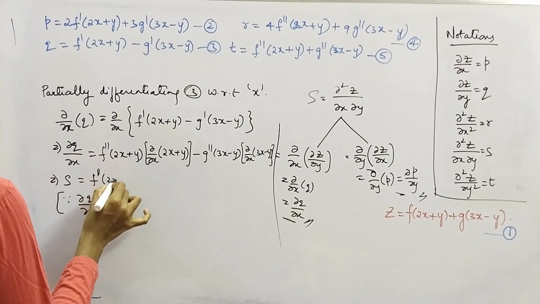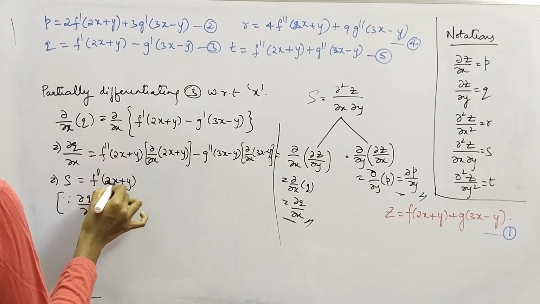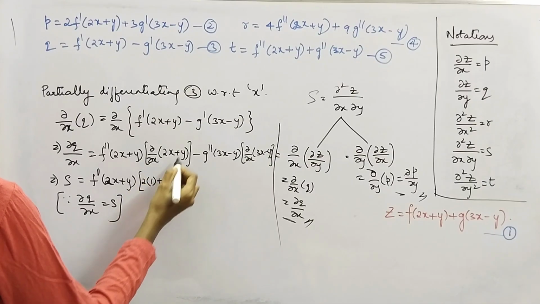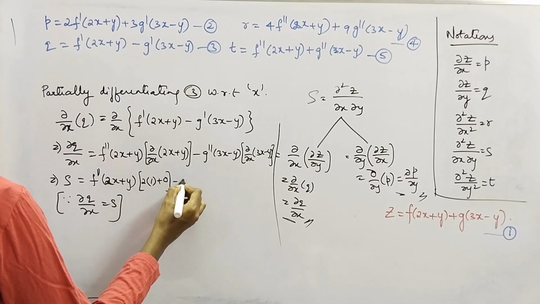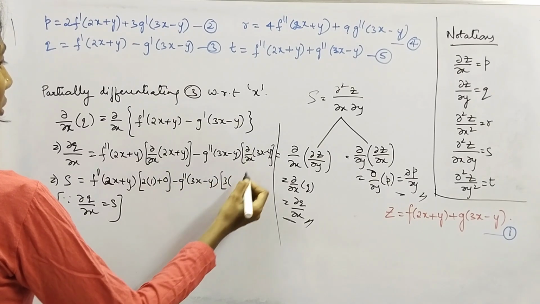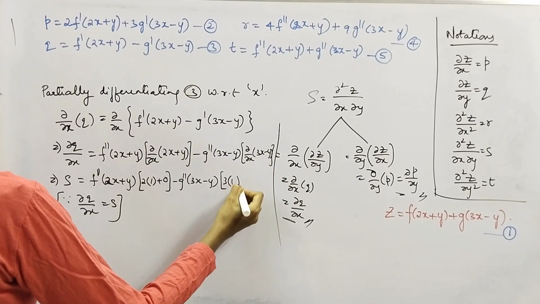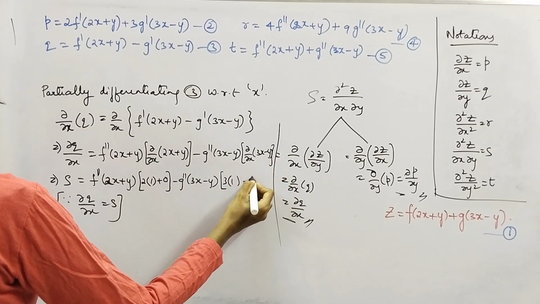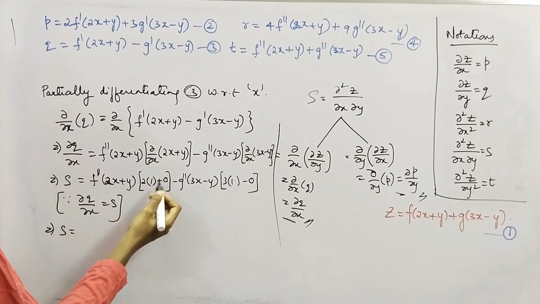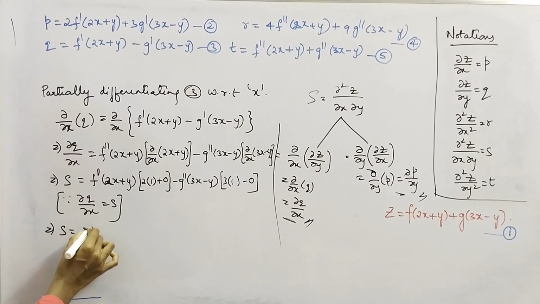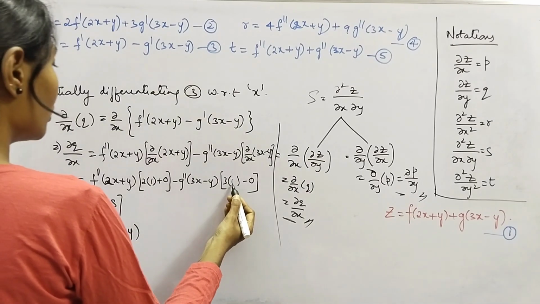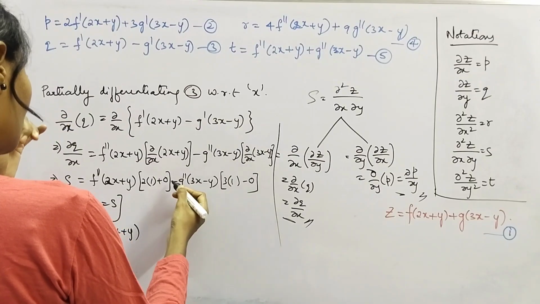We'll get f'' of 2x plus y into 2 into partial derivative of x with respect to x is 1 plus partial derivative of y with respect to x is 0, minus g'' of 3x minus y into 3 times partial derivative of x with respect to x is 1 minus partial derivative of y with respect to x is 0, which gives us s equal to 2 into 1, 2, 2 plus 0, 2, 2 into f'' is 2f'', 3 into 1, 3, 3 minus 0, 3.